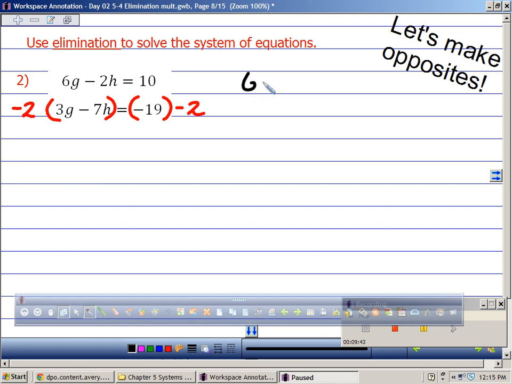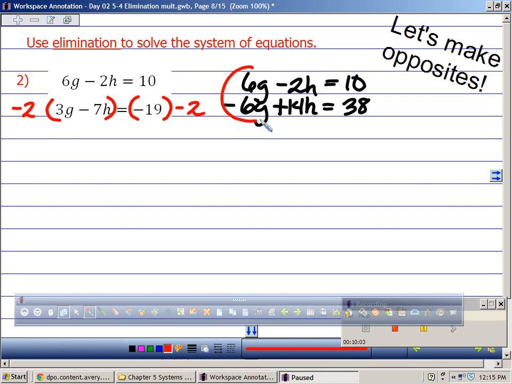So by doing that, I now have negative 6G plus 14H equals positive 38. Now I have opposite coefficients. Let me simplify my equation now.